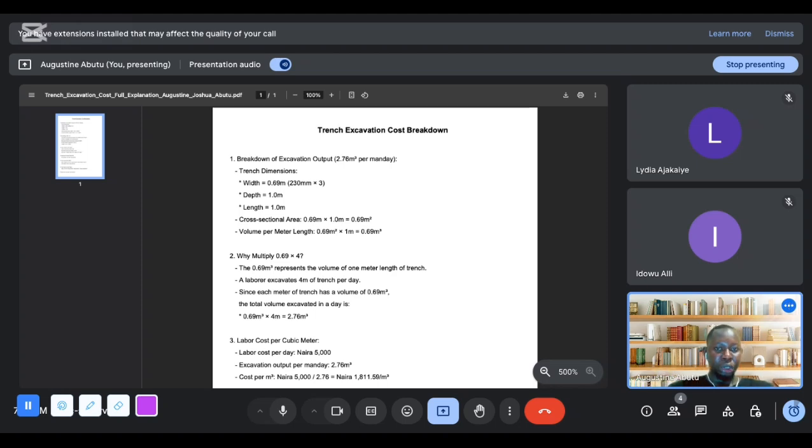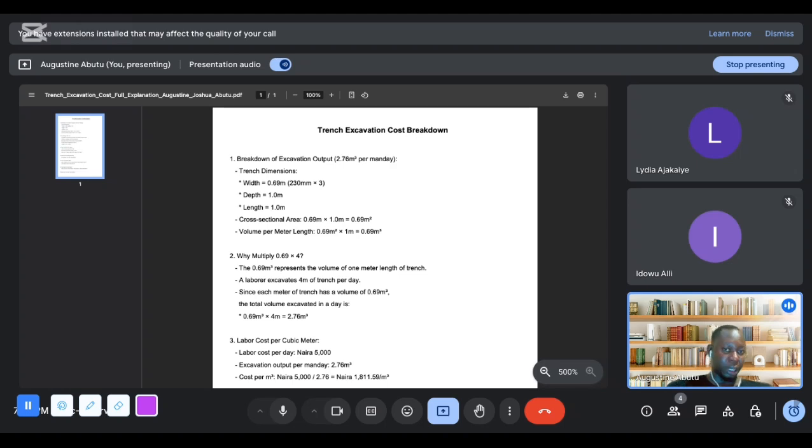Before we start calculating our build up rate, let me explain some things about the productivity per man day. Per man day means your output per day, that's the output of a laborer per day.